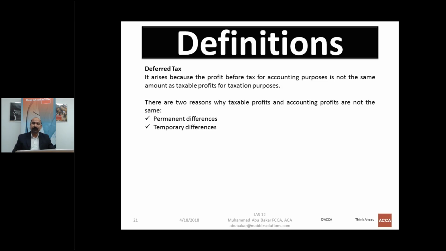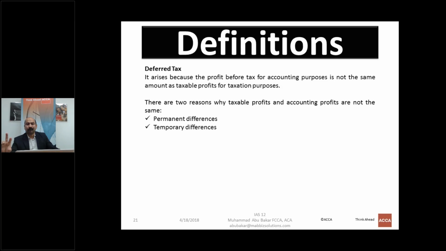So far, what we discussed, four rules are important: when asset carrying amount is higher than tax base, when asset carrying amount is lower than tax base, when liability's carrying amount is higher than its tax base, when liability's carrying amount is lower than its tax base.